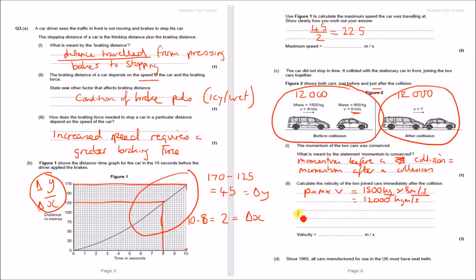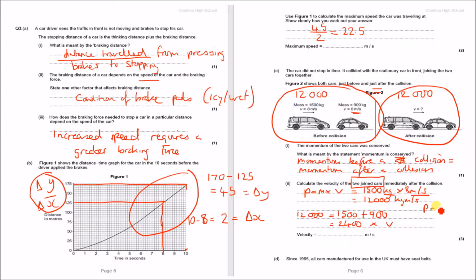We know that P is equal to 12,000, and that is equal to the mass times the velocity. Well, what's the mass? The two cars are joined, so we know it's both their mass, so we need to do 1500 plus 900, and that is equal to 2,400. Okay, and that is multiplied by V, but V is what we're trying to find out.